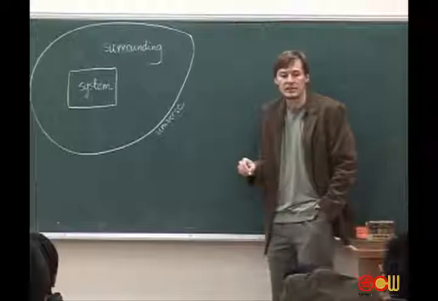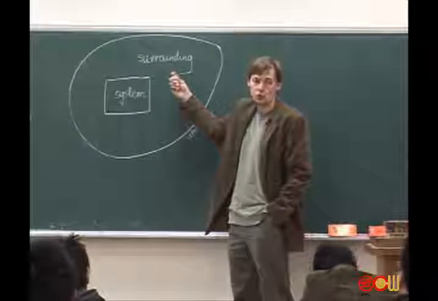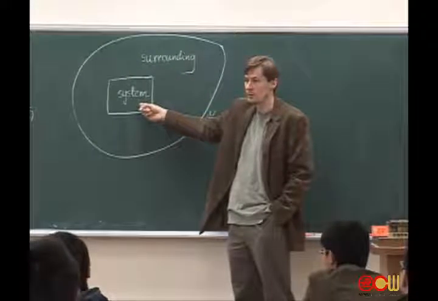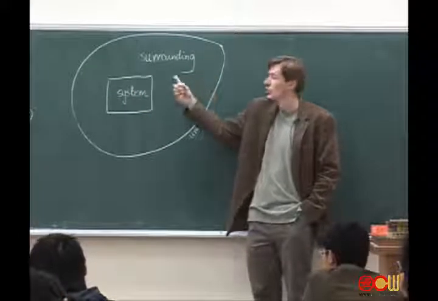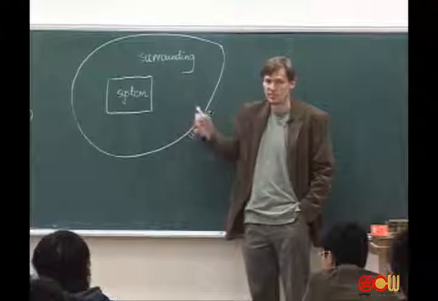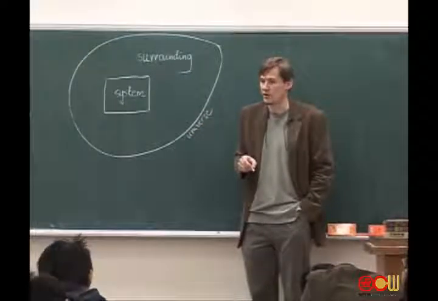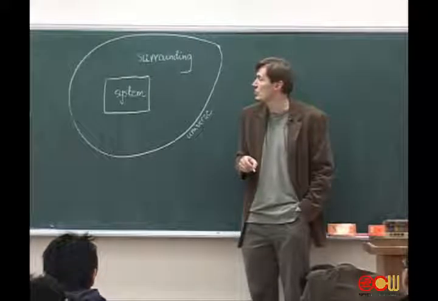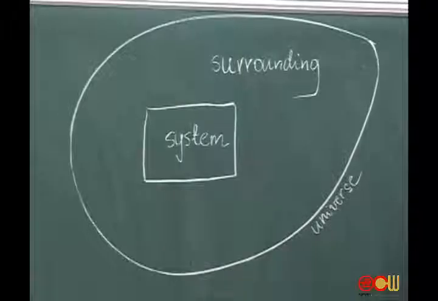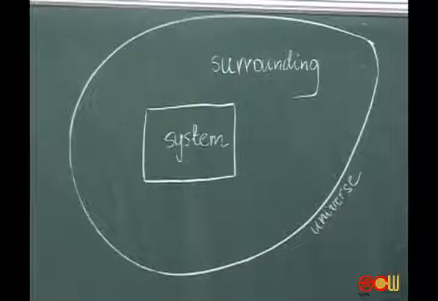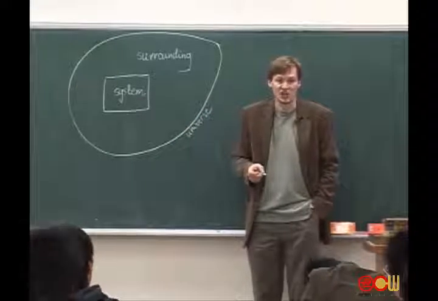So now, the first assumption here is that the surrounding is huge comparing to system. It means if system sends something out, the system will change, but the surrounding will not change because it's so big that you can forget about this very, very, very small, tiny change. So surrounding has always constant mass, constant volume, constant temperature, constant pressure. But system, these things can change.